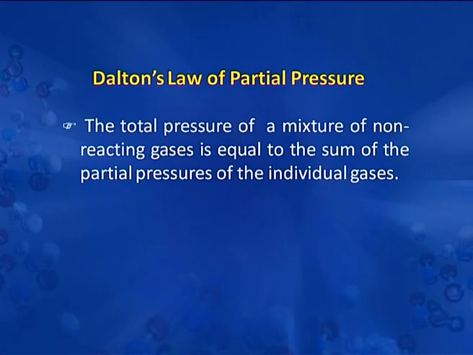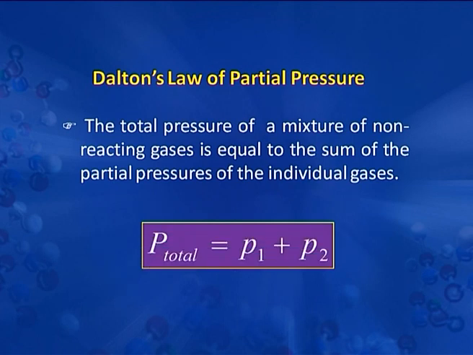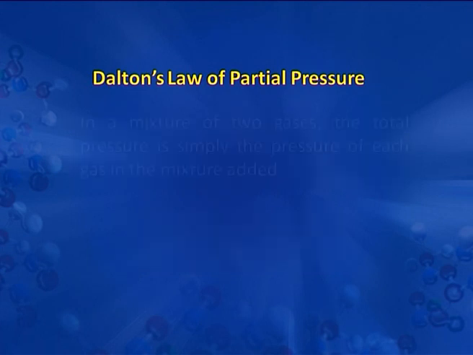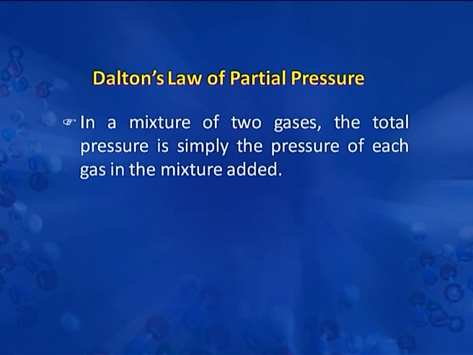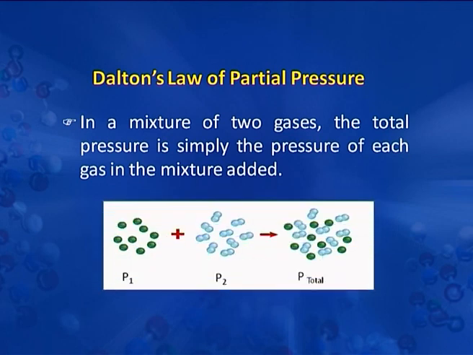So, we can write it mathematically as P total is P1 plus P2 plus P3 and so on. In a mixture of two gases, the total pressure is simply the pressure of each gas in the mixture added, as visible in this slide: P total is equal to P1 plus P2.